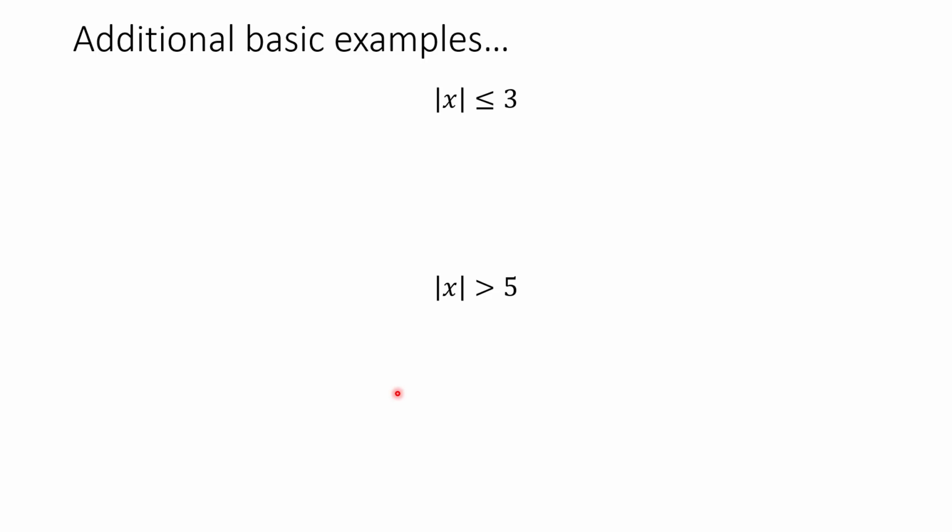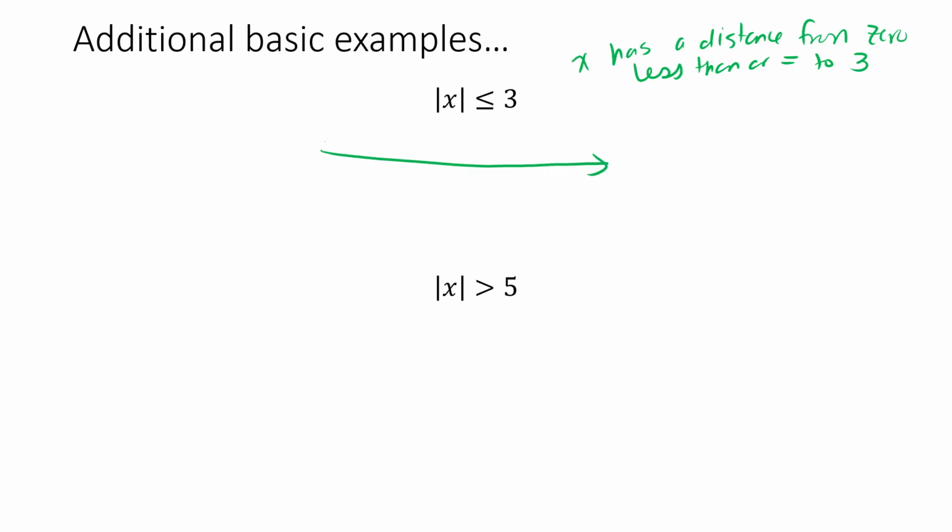So the next one is the absolute value of x is less than or equal to 3. And so our interpretation here is x has a distance from 0 less than or equal to 3. So how does that change the problem?